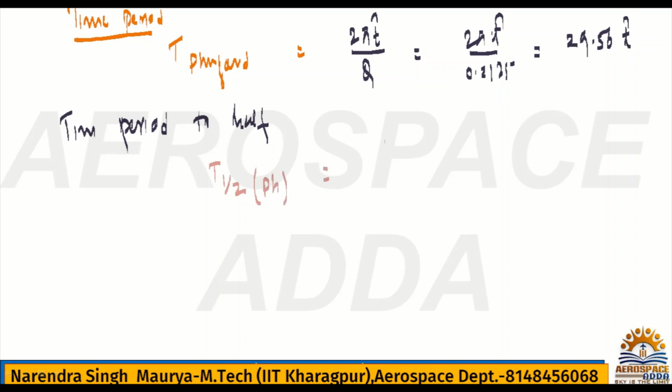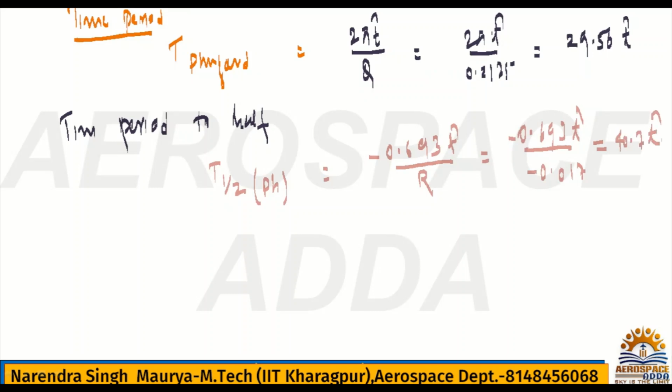The formula is the same as for the short period oscillation: minus 0.693 t cap divided by the real part, denoted by r. The real part is minus 0.017. So ultimately for the phugoid you will get 40.7 t cap.